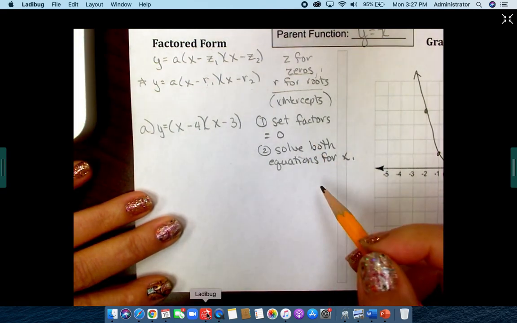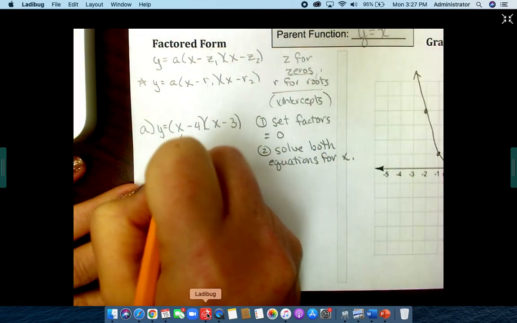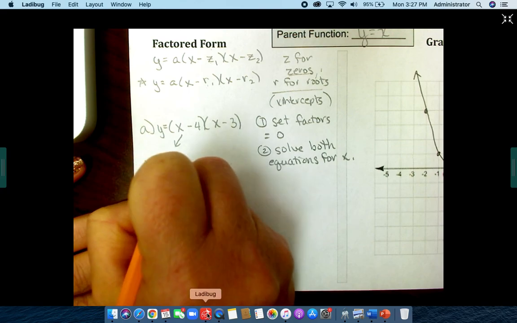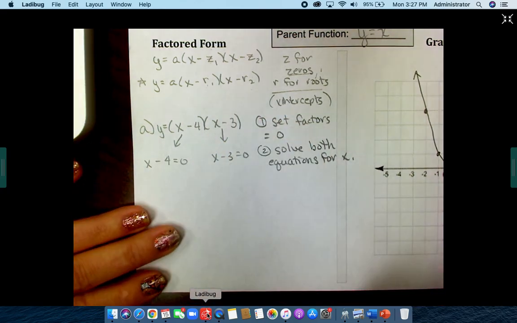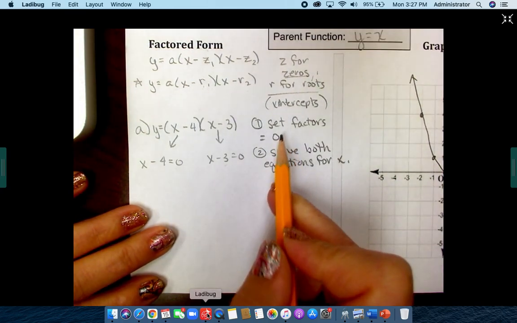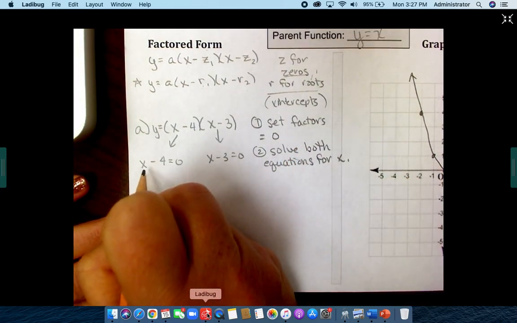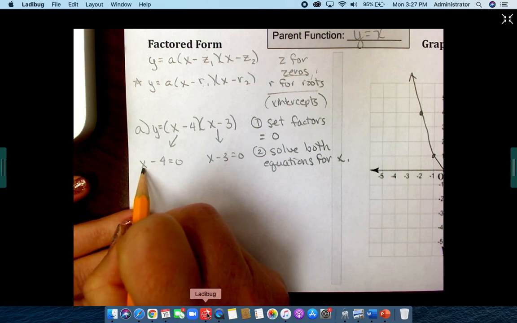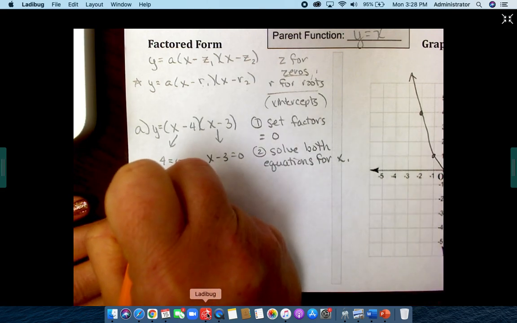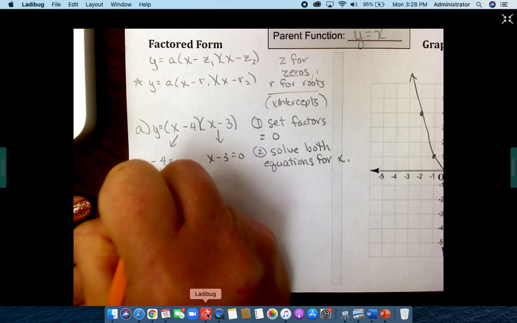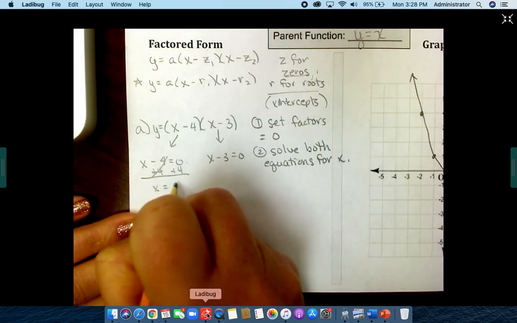Set your factors equal to 0 and solve both equations for x. So I'm going to set x minus 4 equal to 0, and I'm going to set x minus 3 equal to 0. So that's step 1, and then step 2, I'm going to solve. Well, you can probably do that in your head. What number minus 4 equals 0? 4. But algebraically, by doing inverse operations and adding 4 to both sides, we can see that it is 4.